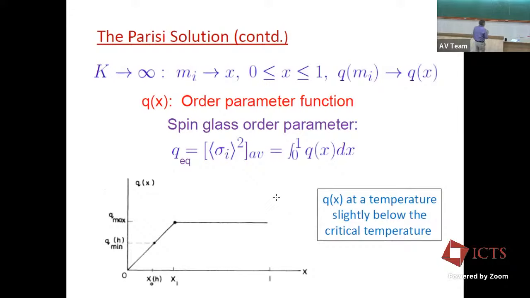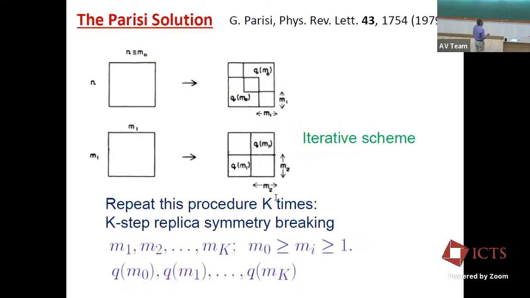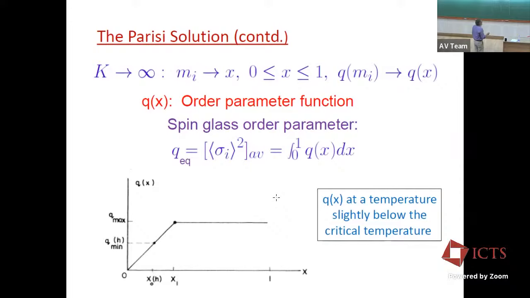So I have not gone through how one goes to the k going to infinity limit explicitly from these quantities, which again is certainly a little technical. But at least for the one-step RSB, how to write down the free energy and how to find the corresponding parameters, there is this m_1 and these two values of Q that are the parameters.